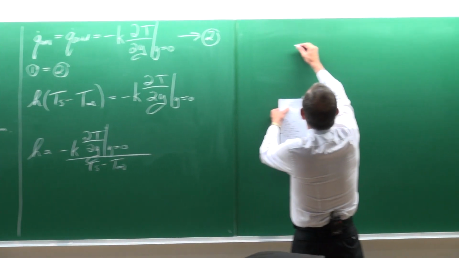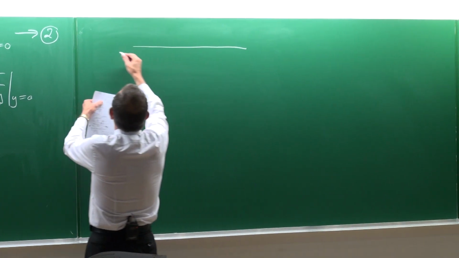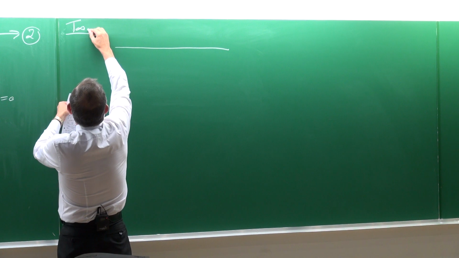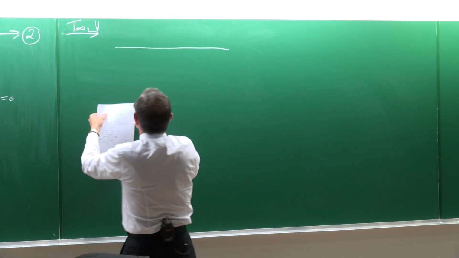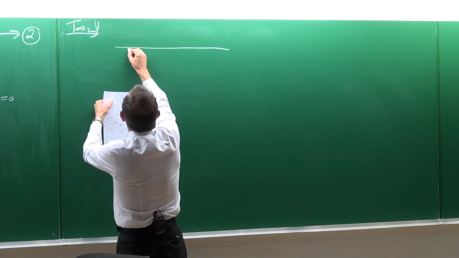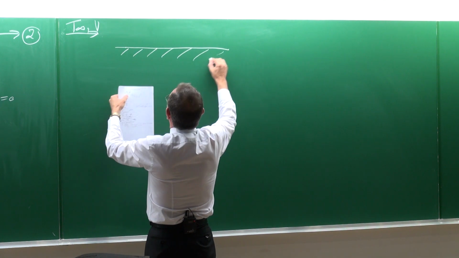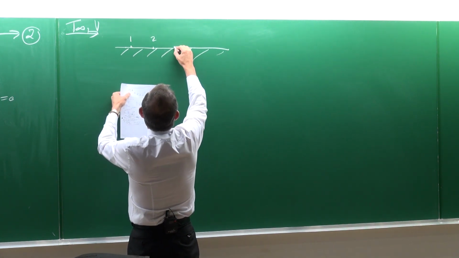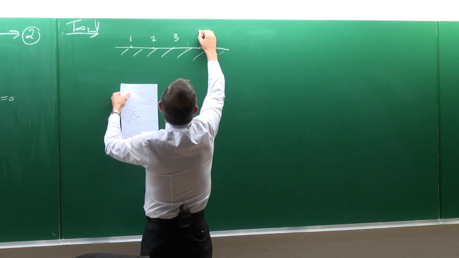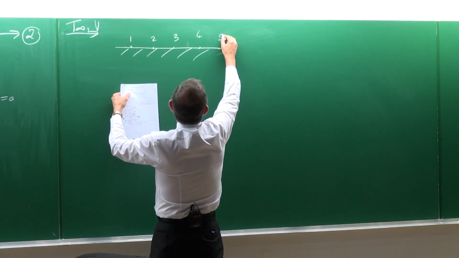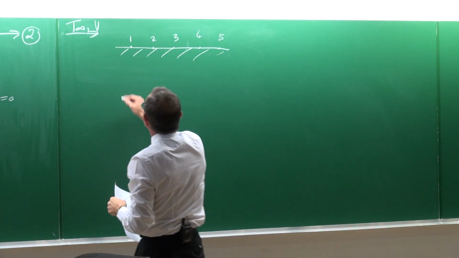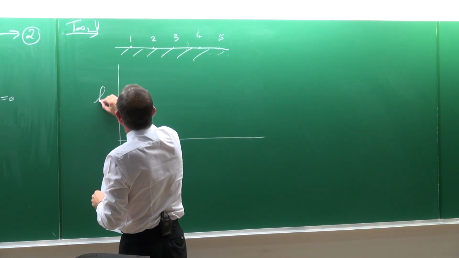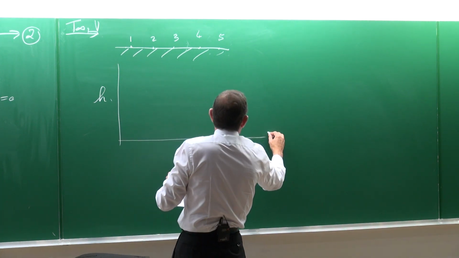So if we now look at the surface, and on the surface we've got T infinity at a certain velocity, with points 1 and 2, 3, 4 and 5. And we would look at the heat transfer coefficient as a function of x.